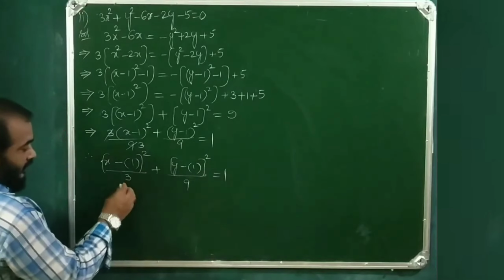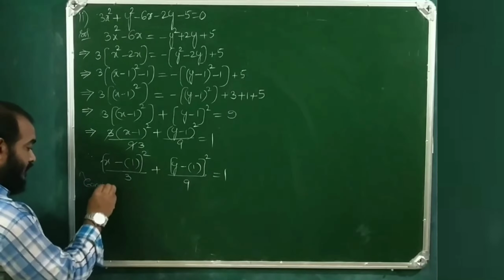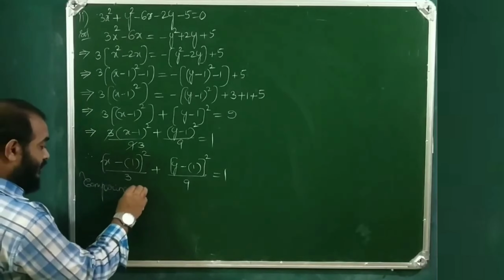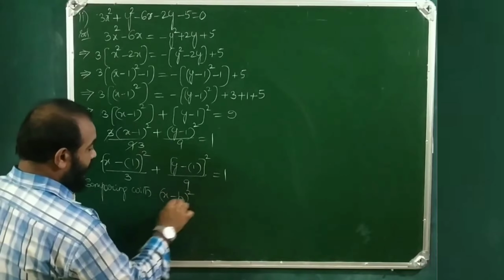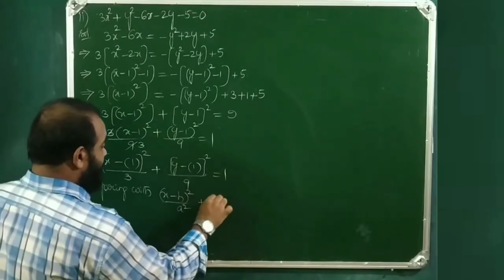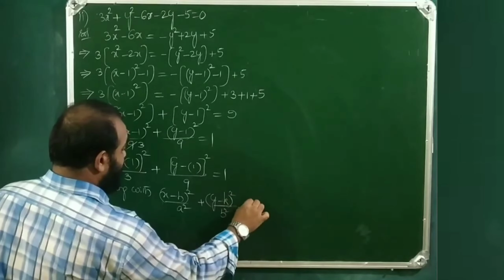here, compare this with (x minus h) whole square by a square plus (y minus k) whole square by b square equals 1.